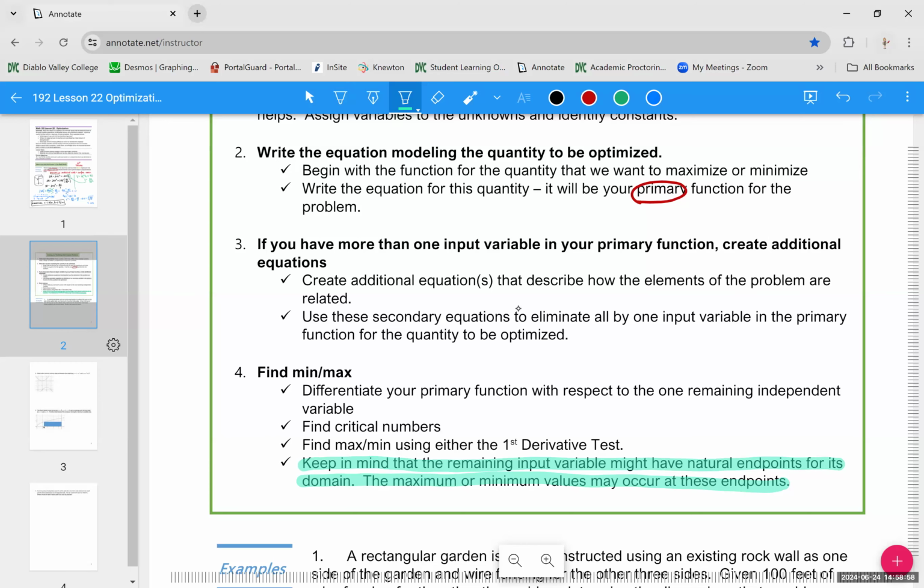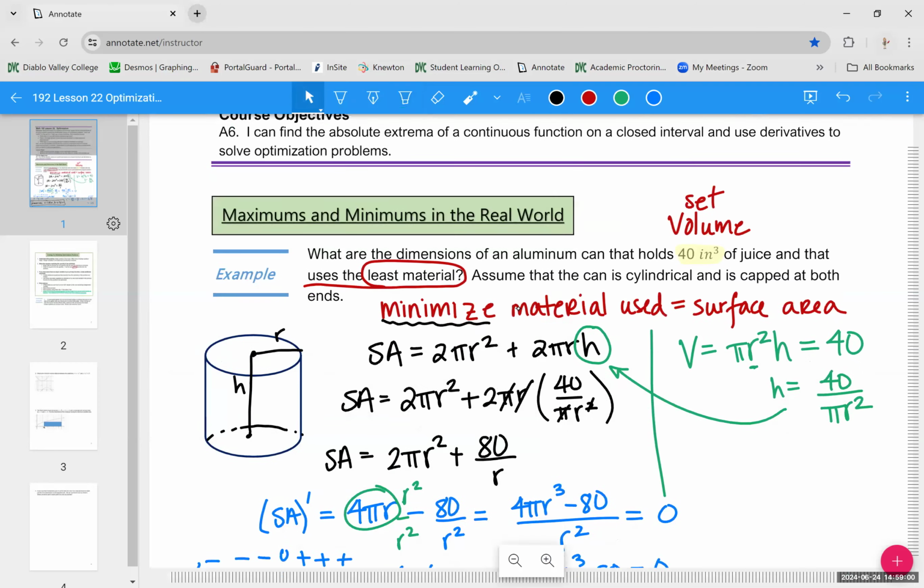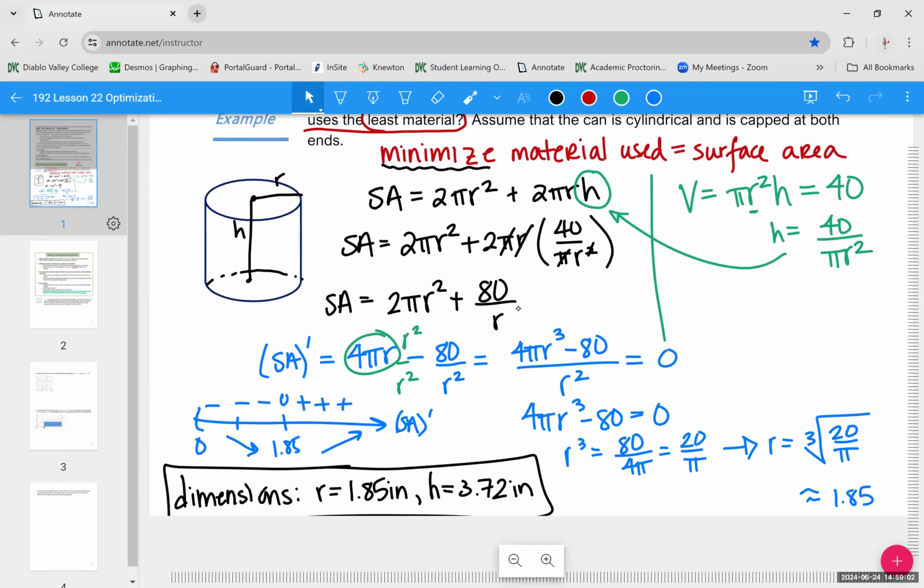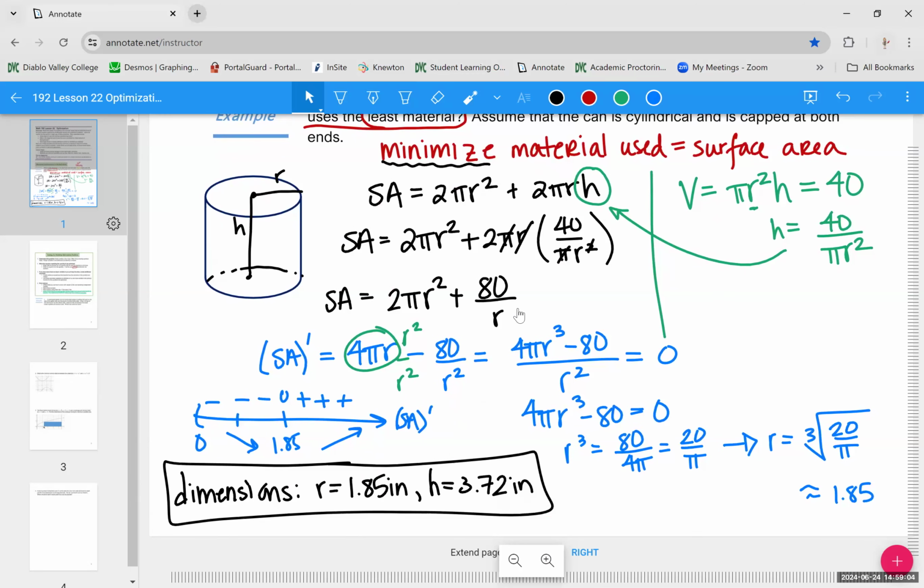So for example, certainly we discussed in this problem that r is not going to be less than 0, right? So I have an endpoint right here. But is r equal to 0 actually a viable option? Could it actually produce a can? And it cannot. So we used that endpoint, but we didn't have to plug it in to make sure that it wasn't the max or the min, because it's clearly not.